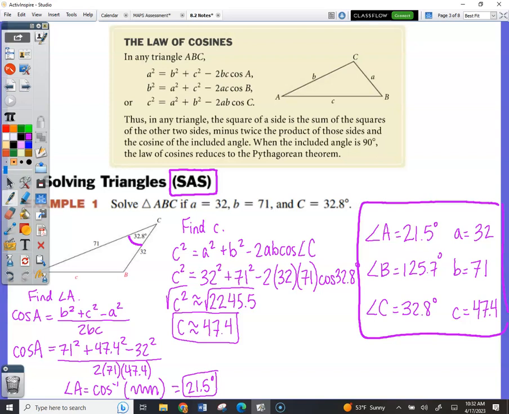So we started to find side C first, which is very ugly until you remember to square root it. And then we had to find the measure of angle A. And then after we found the measure of angle A, we already knew the measure of angle C. We found the third angle, doing 180 minus the 2.